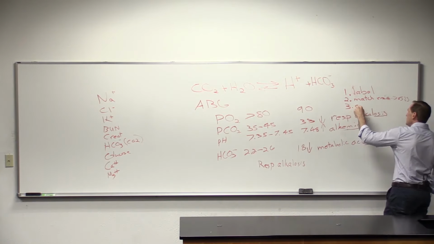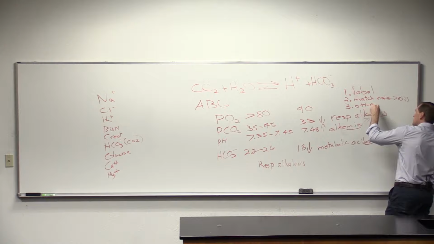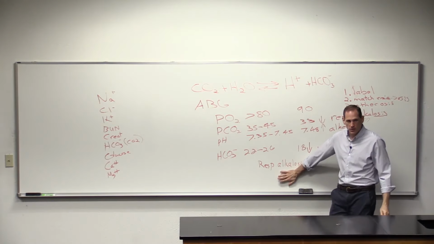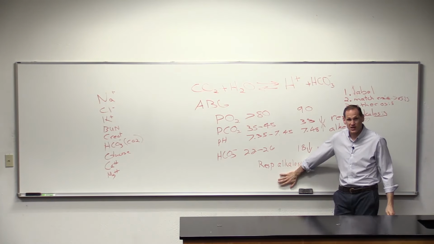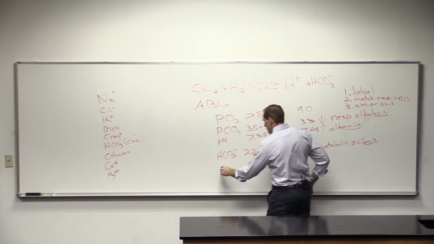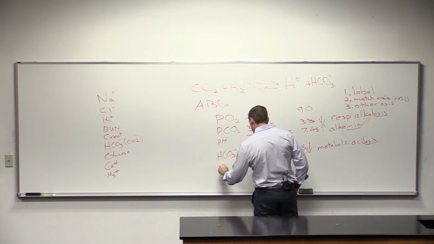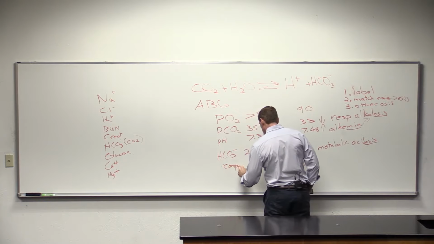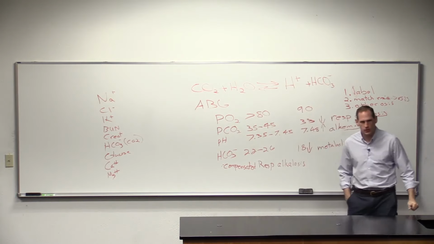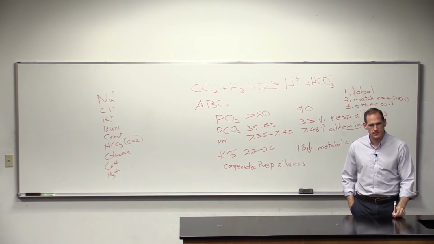So step number 3, you're looking for compensation at the other osis. So our respiratory alkalosis is our primary problem, and our kidneys are, what's that keyword? Compensating. So we'll say compensated respiratory alkalosis. Does that make sense?